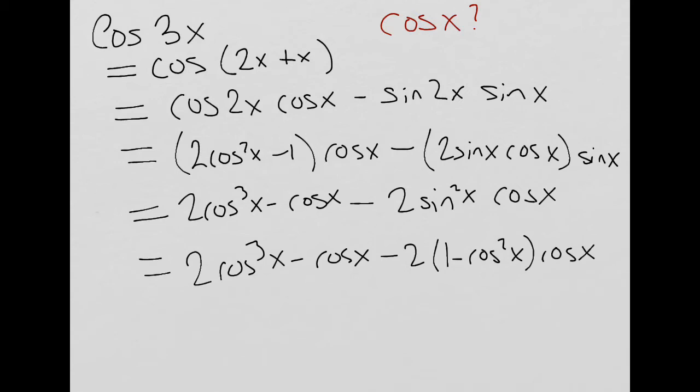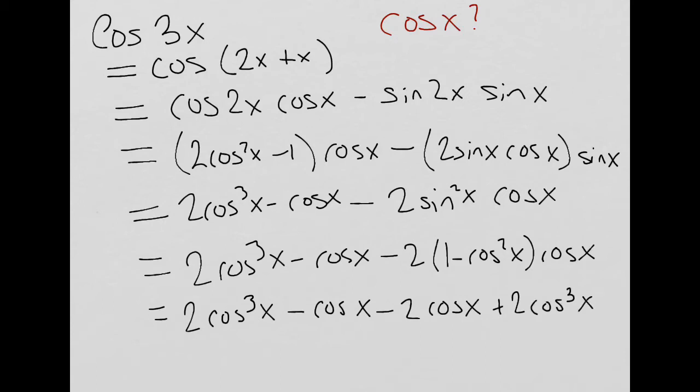And I can simplify this a little bit further: 2 cosine cubed x minus cosine x minus 2 cosine x plus 2 cosine cubed x. So in the end I'm left with cosine of 3x equal to 4 cosine cubed x minus 3 cosine x. And I could have gotten that in terms of sines, probably. I could have gotten that just in terms of cosines like I did here. A variety of different ways to do it.